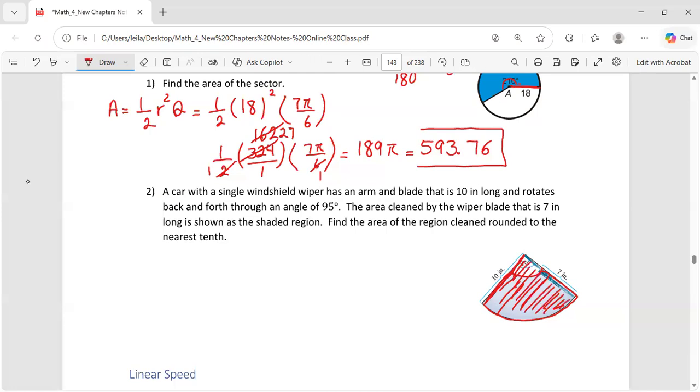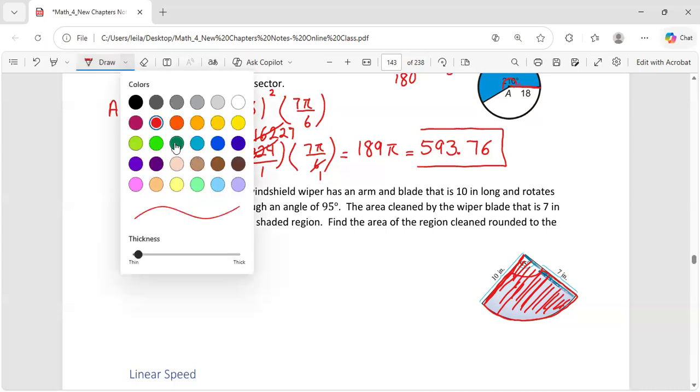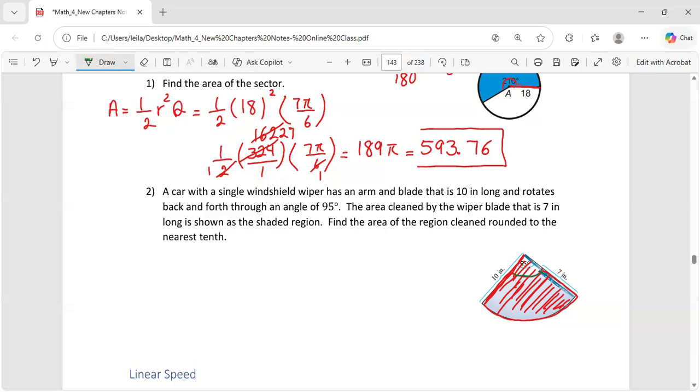But if you want only the area of the shaded part, you have to exclude the non-shaded part. So this part in green must be excluded. As you see in the picture, we have one whole area for the red part and one area for the green part.